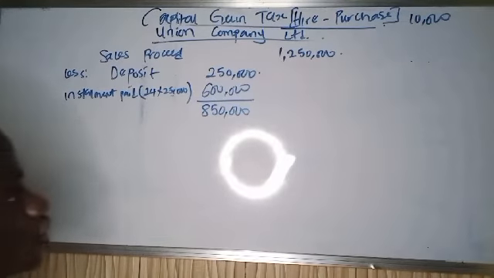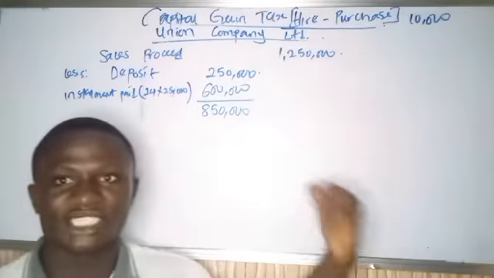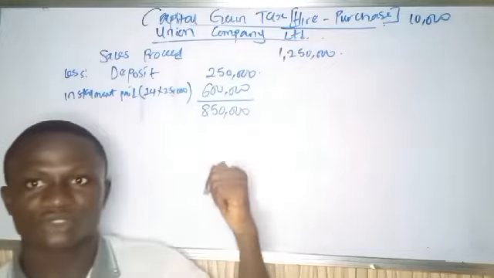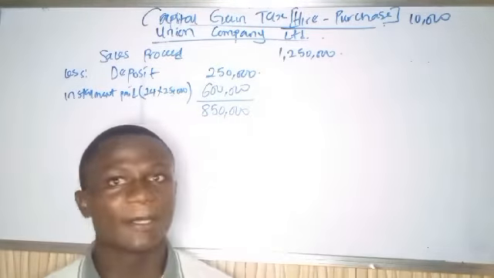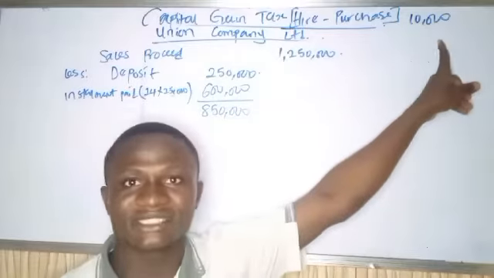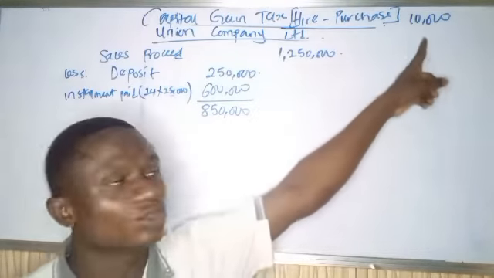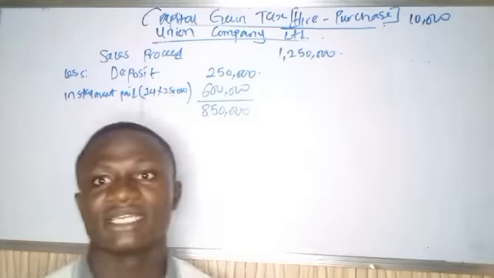But this calculation includes the interest that is charged. So I need to subtract the interest, because this is not the real cost of the asset. That is why I said you need to estimate the interest that's being charged every month. I've done that before: it's 10,000 naira per 25,000 naira the man is paying every month.